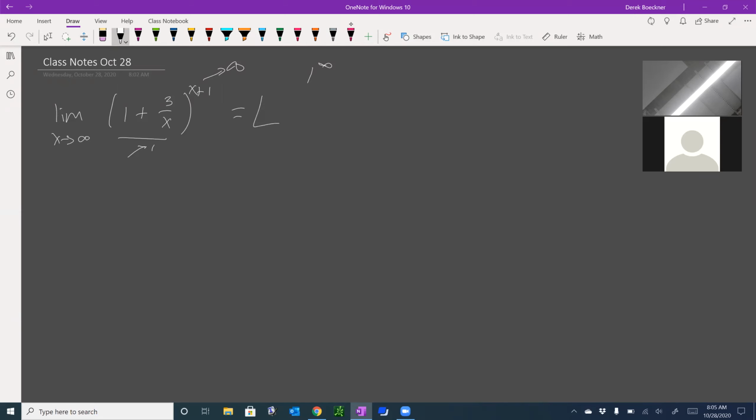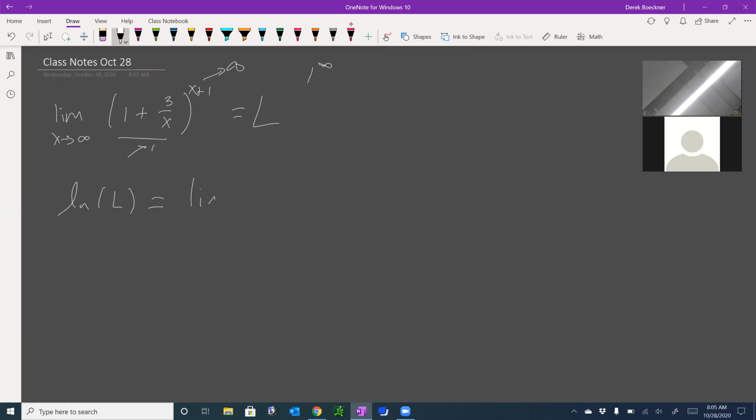So I'm going to set this whole thing equal to L. The limit is L. We sort of assume the limit exists, and then we take the natural log of L, because the natural log allows us to bring the exponent down.